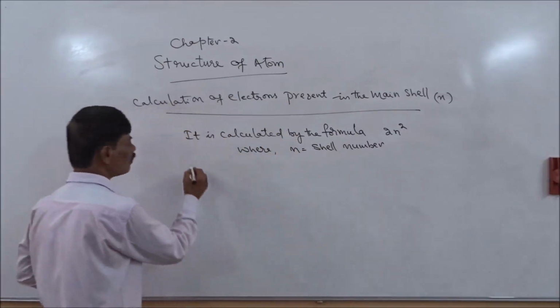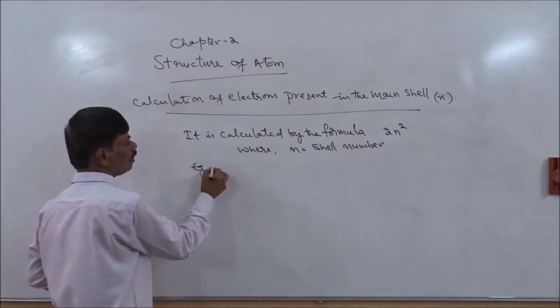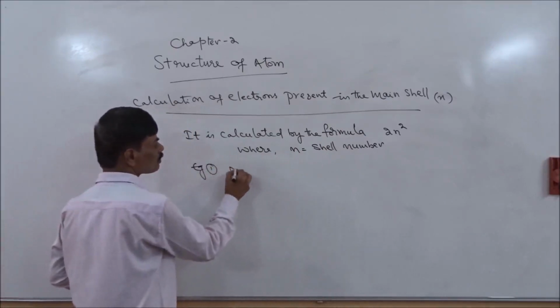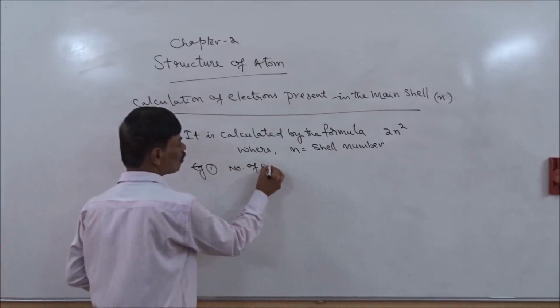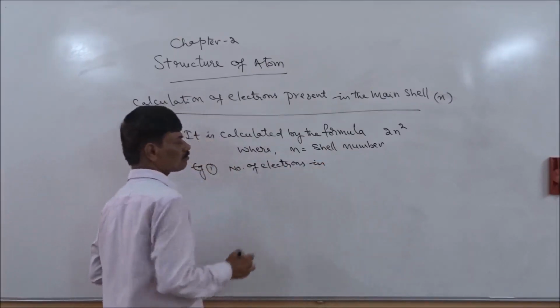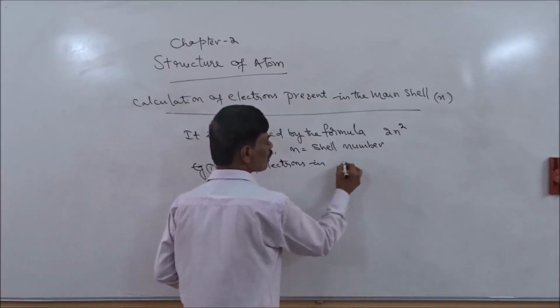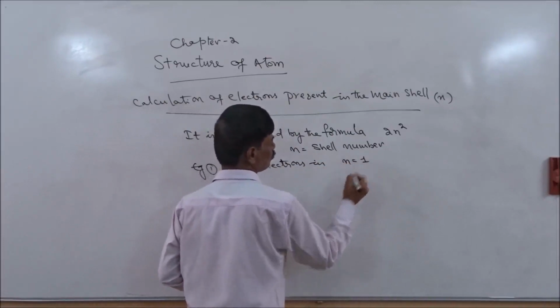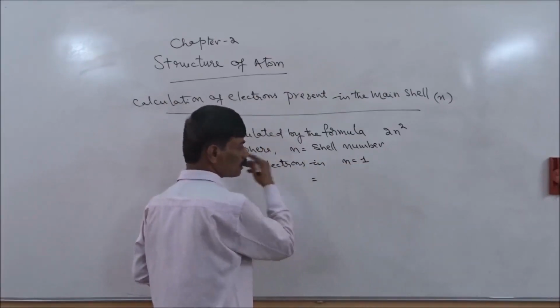Now let us see some examples. Example 1. Number of electrons in first shell, means n is equal to 1, is calculated in this way.